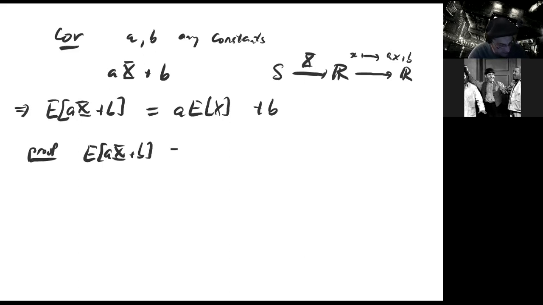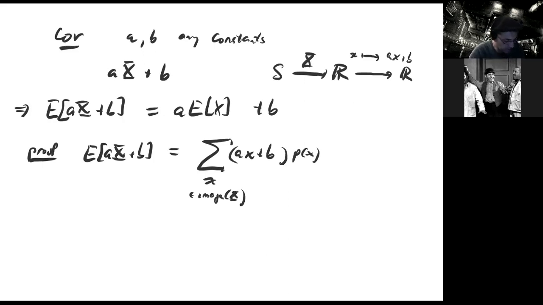Well, that's by the proposition that we just proved the sum over x's of ax plus b times p of x, where x is ranging over the image of X.